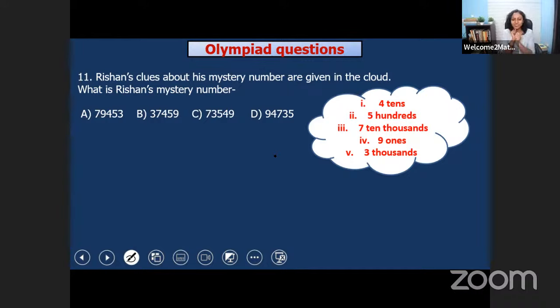So try to solve this first. Can you help Rishan?